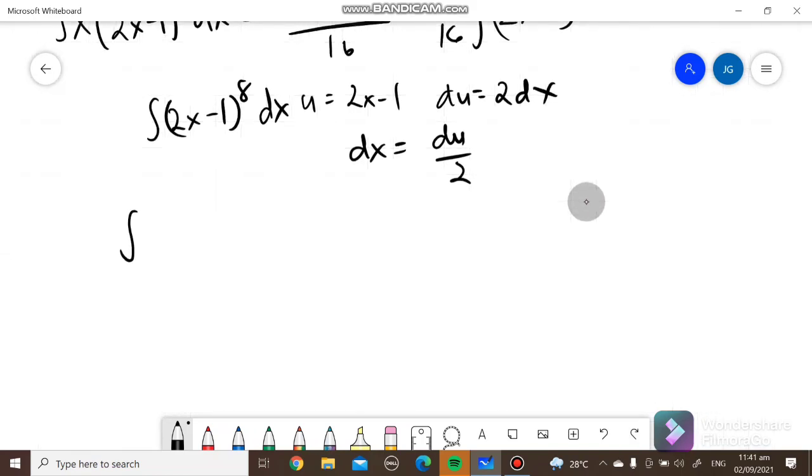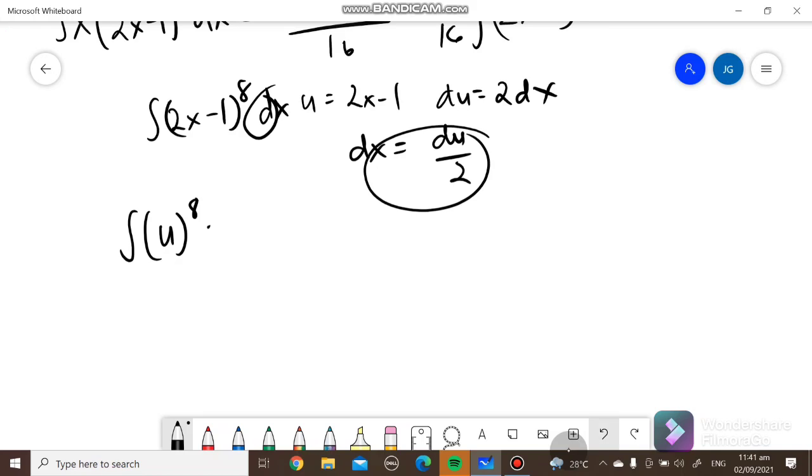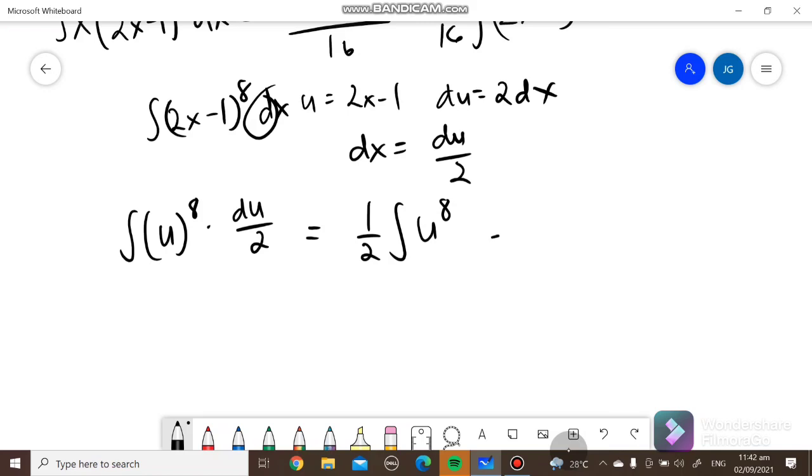So, we have the known values, so we can substitute. So, we can have the integral of 2x, magiging u na siya, kasi yun yung value niya. So, we will have u raised to 8 multiplied by the dx value, which is du all over 2. So, with that, we will have 1/2 the integral of u raised to 8. What's the integral of that?